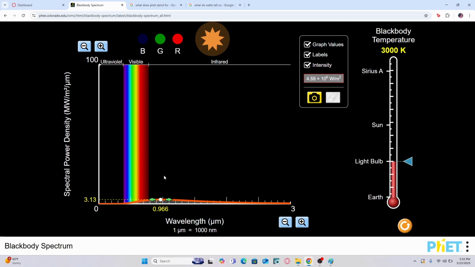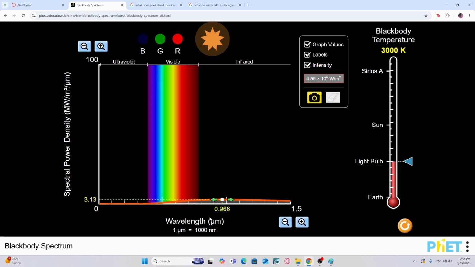We're emitting less light. Let's take a look at what an incandescent light bulb is doing, what the behavior is looking like. So as you can see, it's not doing a great job.